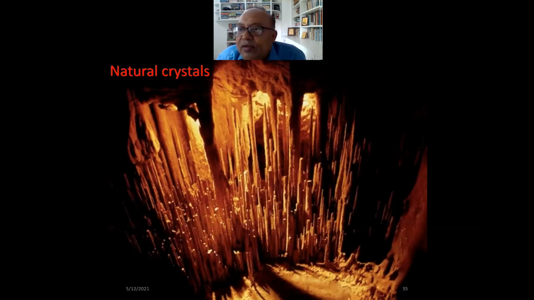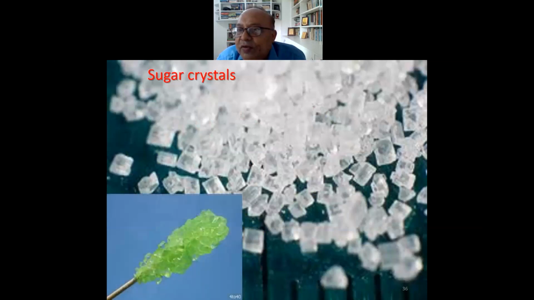I don't know if you've done this, but have you made these sugar candies when you were kids? I don't think you had time away from computer games, right? But in our times, we didn't have any other form of entertainment. The first TV I saw was when I was in class 8. So we used to play around with these. We used to make these types of sugar crystals.